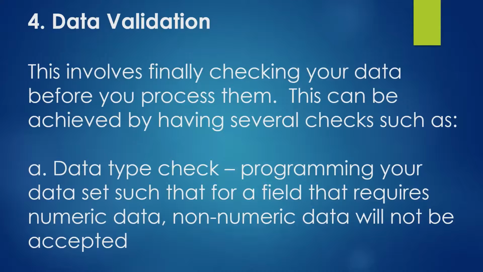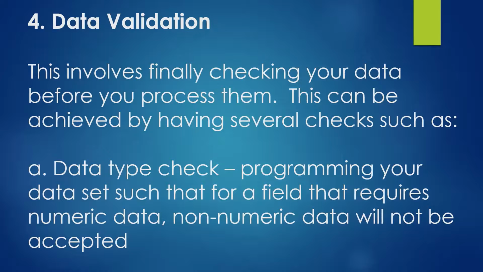So you will see that the things that we have discussed, all of them were directed to ensuring that our data are accurate, that they are complete, that they are relevant, and that all the wrong or inaccurate and irrelevant data are weeded out. So for the final check, you'd like to make sure that the data type is correct.